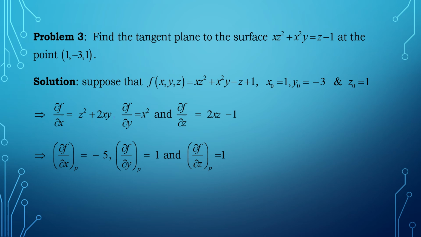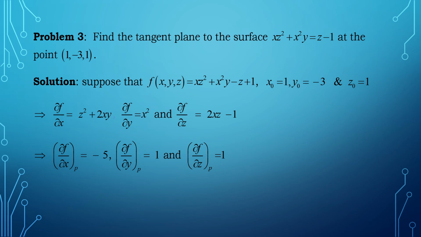Dou f by dou y equals x square. Dou f by dou z equals 2xz minus 1. Now we have to find out dou f by dou x at the given point P, dou f by dou y at the given point P and dou f by dou z at the given point P.